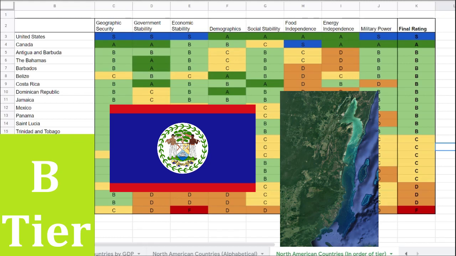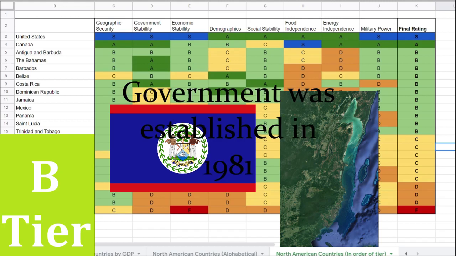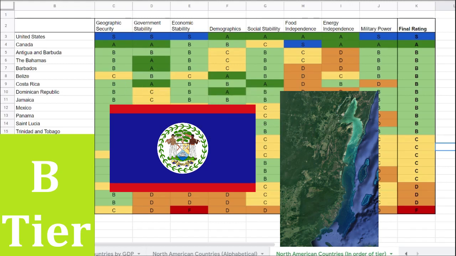But government stability, it's B. It is a former British colony, which is good, but the government is relatively young, so it's only B. Economic stability is C. It is a developing country, right? So it's kind of hard for a developing country's economy to be stable, to be perfectly honest.